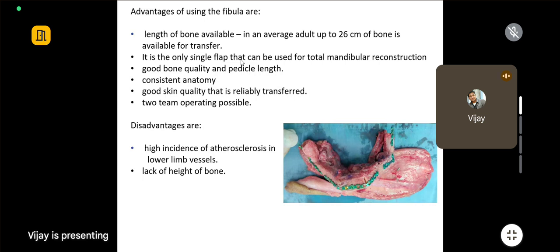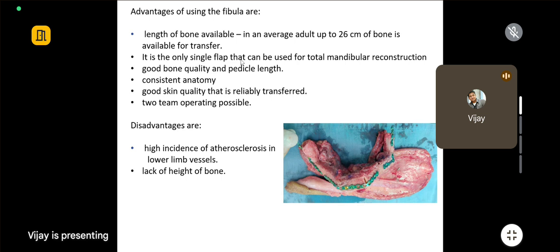The vertical height of the mandible is more than our fibula flap, and this can be overcome by lining up the fibula graft parallel in relation to the occlusal plane. So the lower border of the mandible will be deficient.